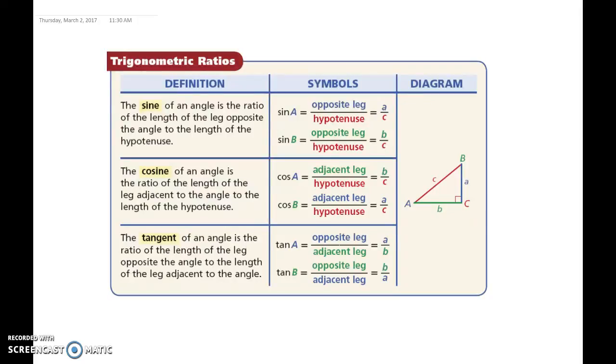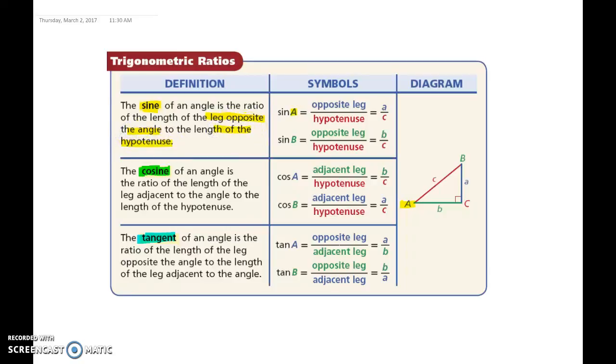Here we have three different trigonometric ratios: sine, cosine, and tangent. What is important is which angle you are highlighting. Here we have sine of A, so we're going from that angle A. The sine ratio is the length of the leg opposite to the angle over the length of the hypotenuse.